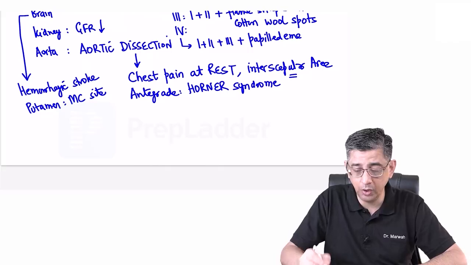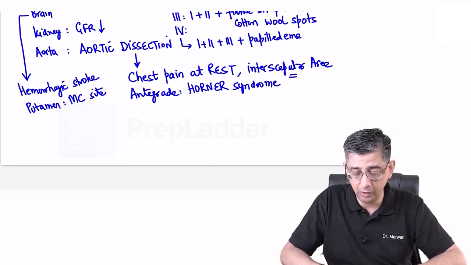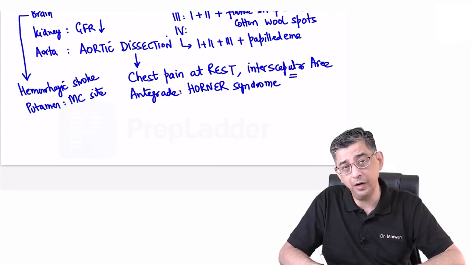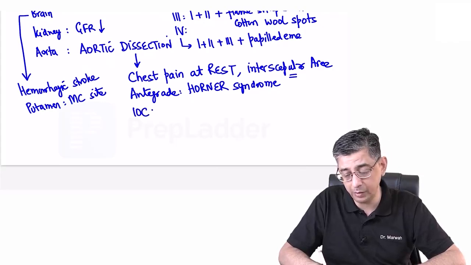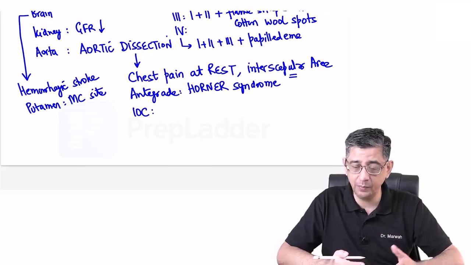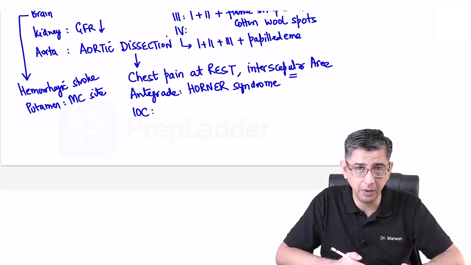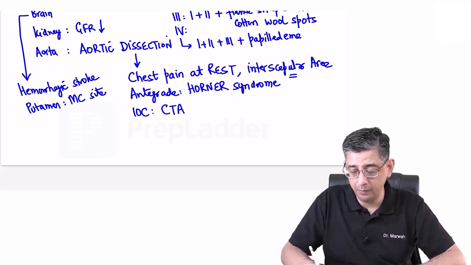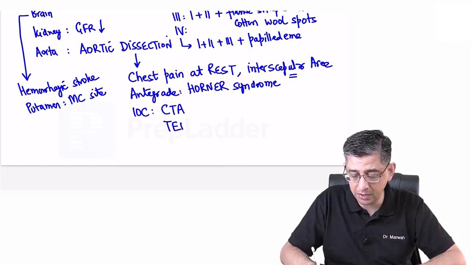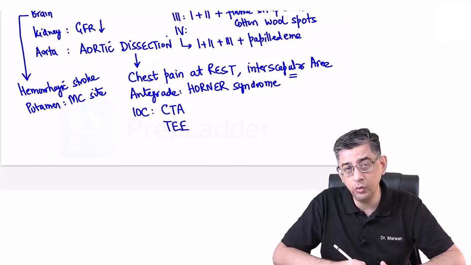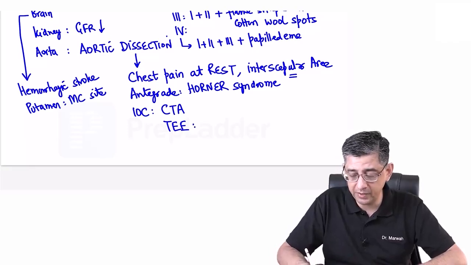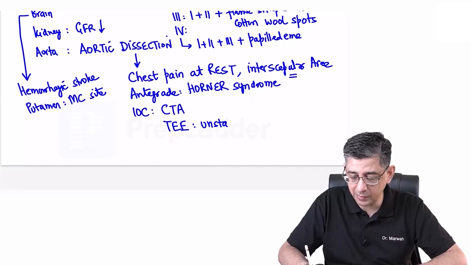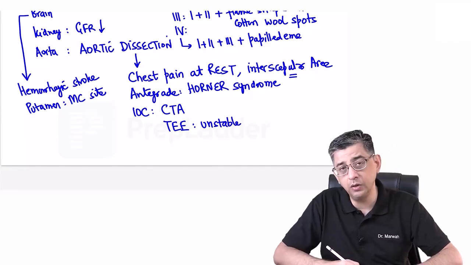So I need to do a good workup of these patients. In the workup, the investigation choice will depend upon the blood pressure values. For example, if the patient is hemodynamically stable, then I can definitely do a CT angiography. But if the person is hemodynamically unstable, then I would have to do a bedside investigation, and the bedside investigation I'll be doing in this patient would be a transesophageal echocardiography.